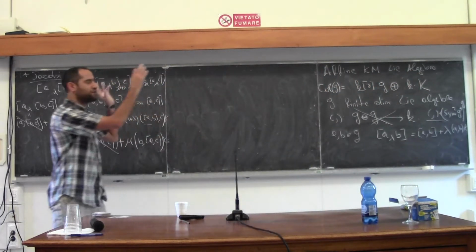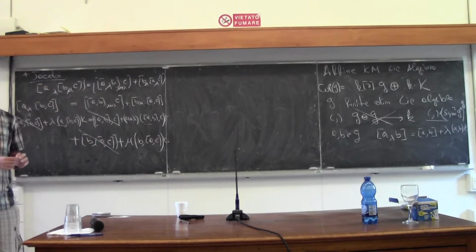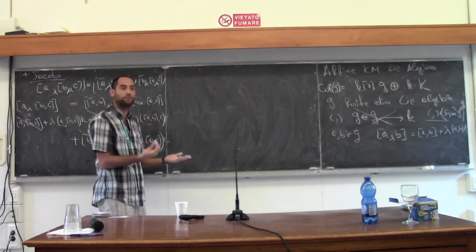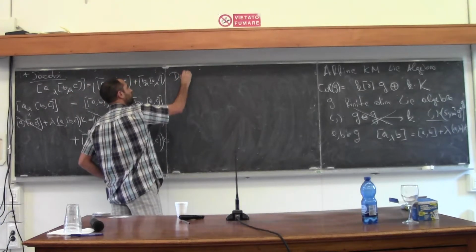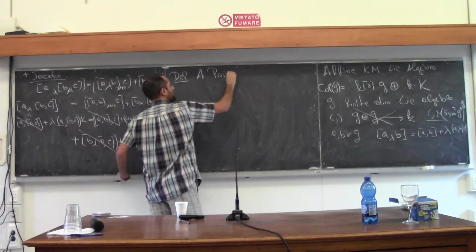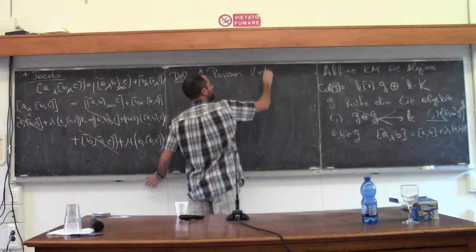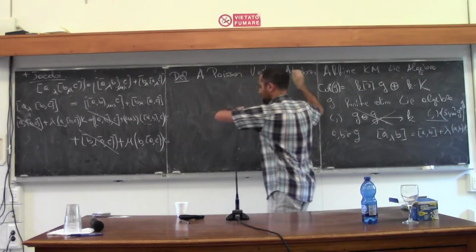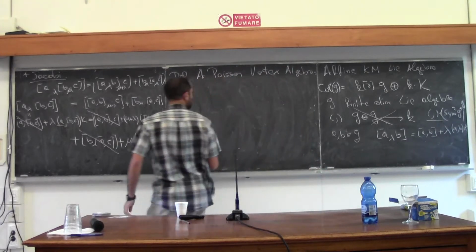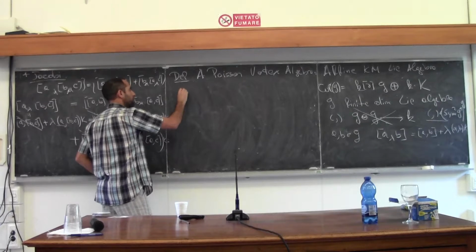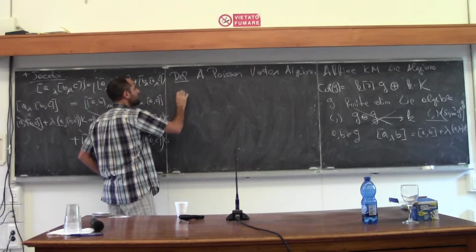If you accept and digest what this notion of Lie conformal algebras is, I can tell you what a Poisson algebra is and go back to geometry. So, definition: a Poisson vertex algebra. The data is always the same thing.